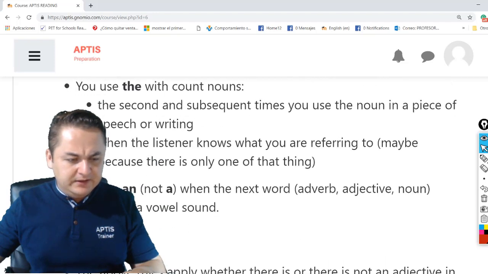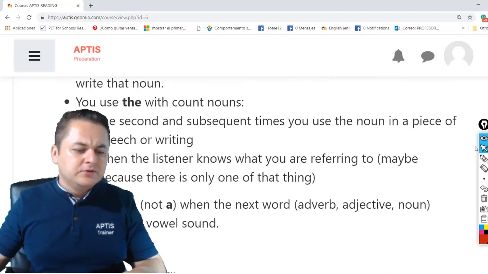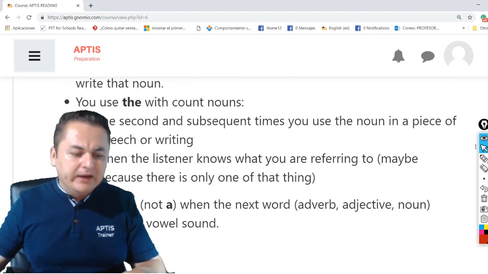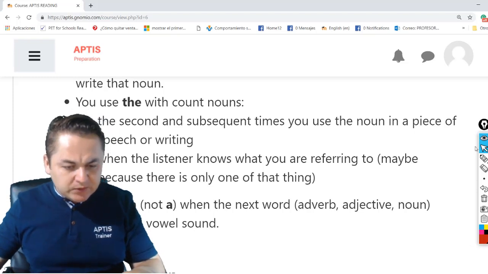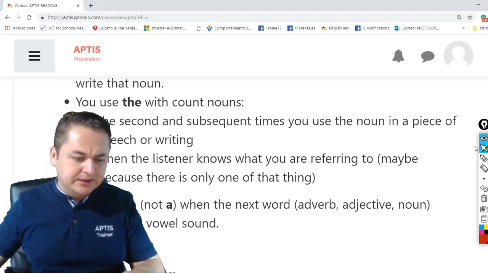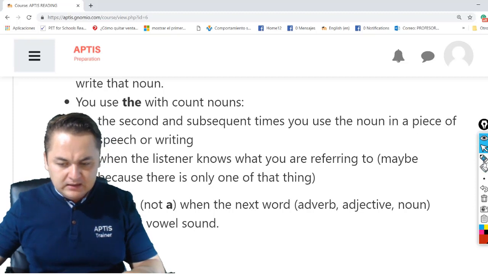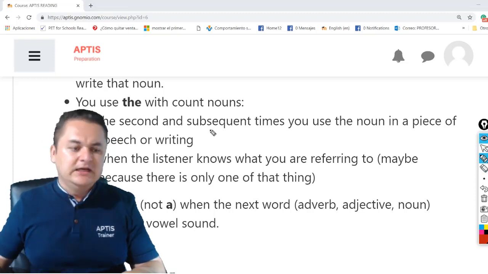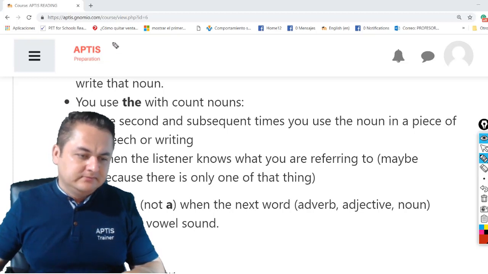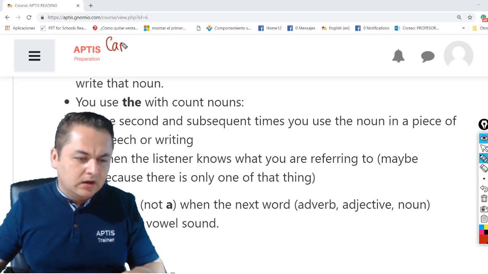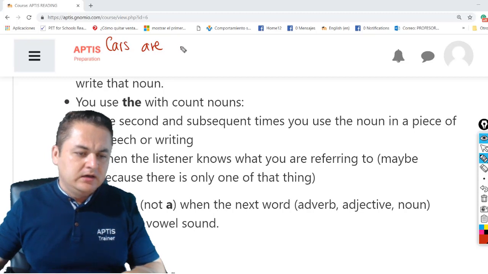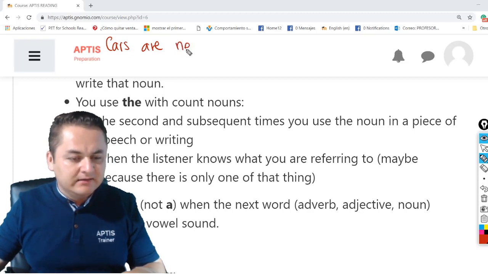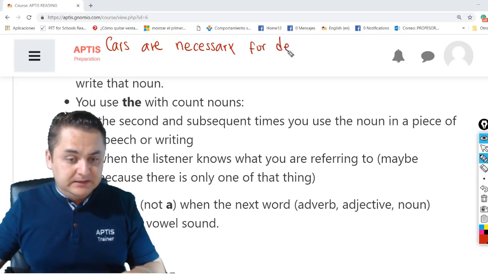Then we have here, you use the with count nouns the second and subsequent times you use the noun in a piece of speech or writing. So I use a noun. I say, "cars are necessary for development.